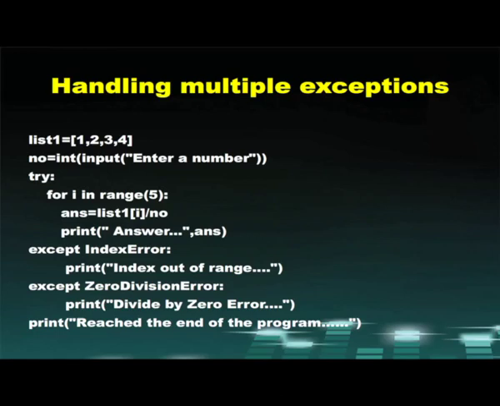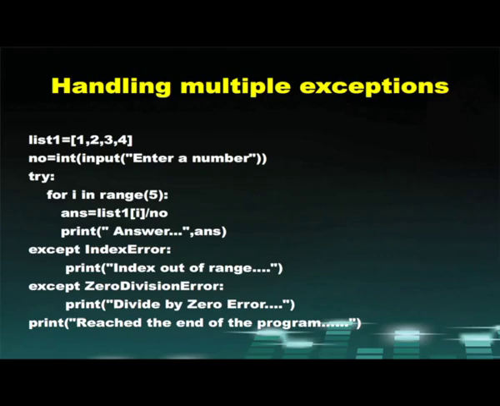Let us work out one example script which can handle multiple exceptions. Here we have a list and the list items are divided by the number input by the user. These statements are put inside the try block. Following that, we have two except clauses, one for handling index error and one for handling division error.